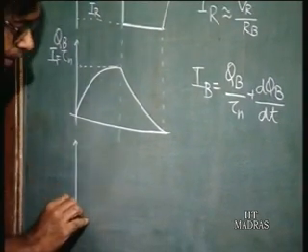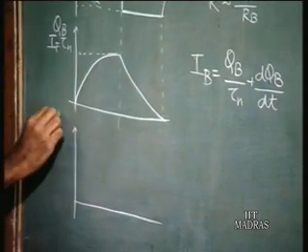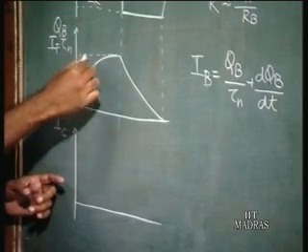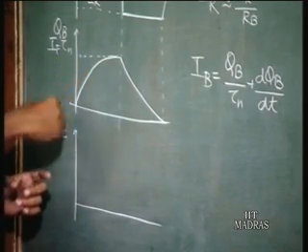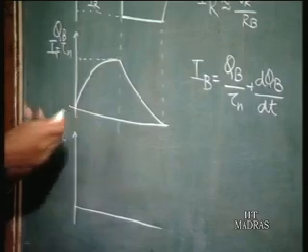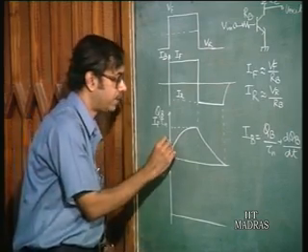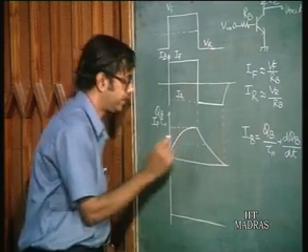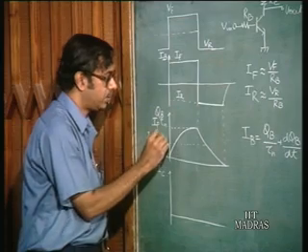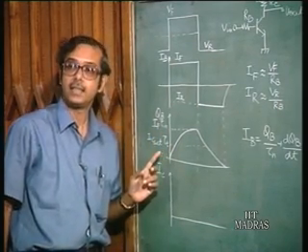Now, if you plot the collector current, what happens is when the base charge is building up, the collector current also builds up, but then it reaches saturation. The base charge when the collector current reaches saturation is given by IC sat into tau t, where tau t is the transit time.